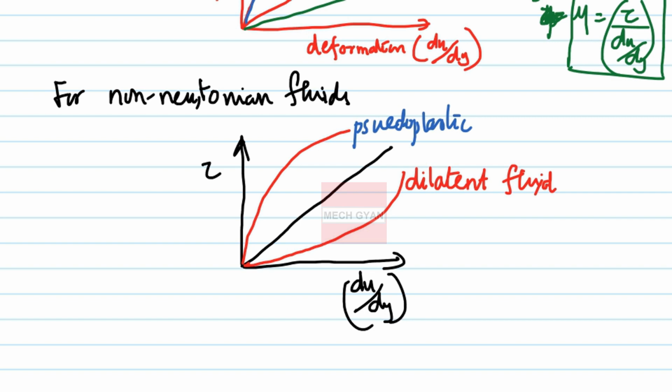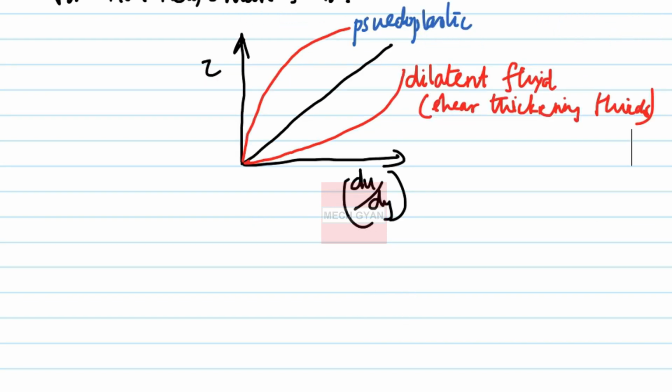Dilatant fluids are also known as shear thickening fluids, for which viscosity increases with the rate of deformation.